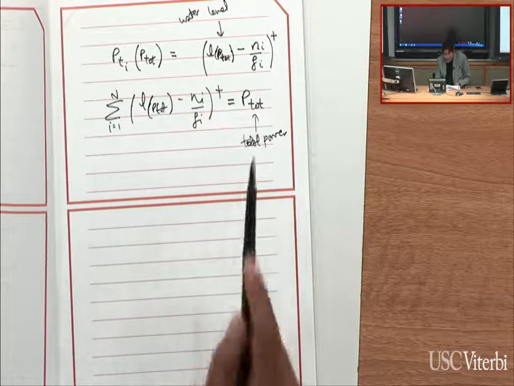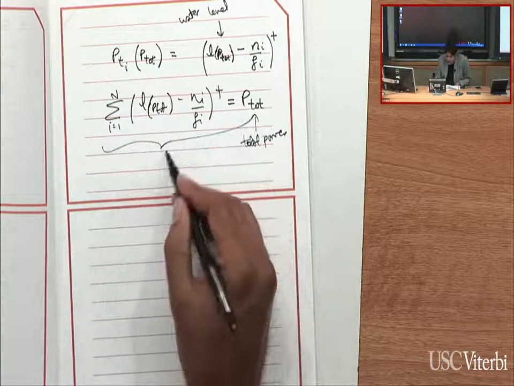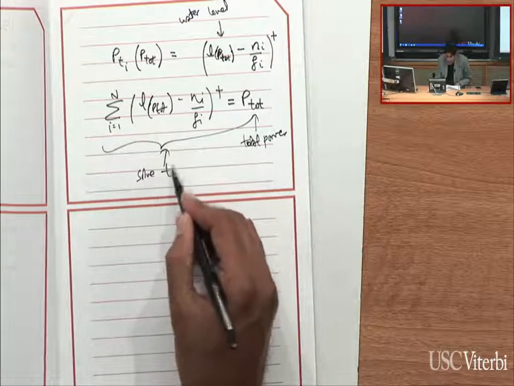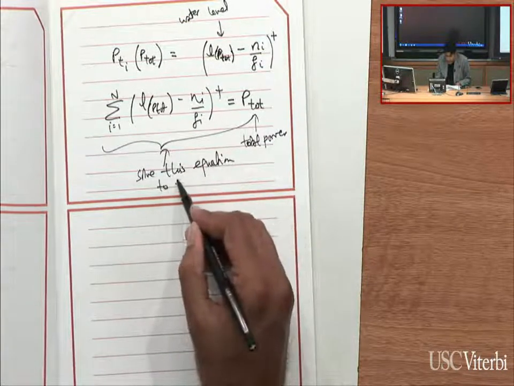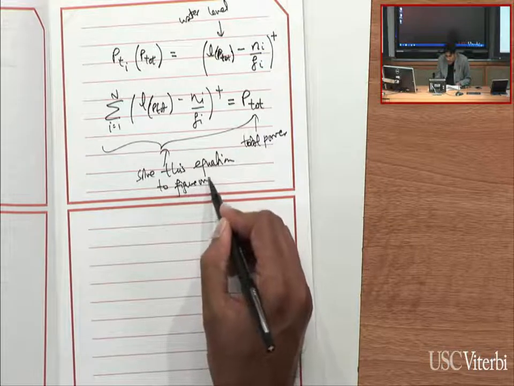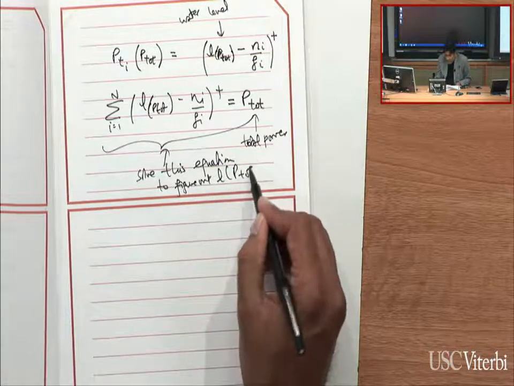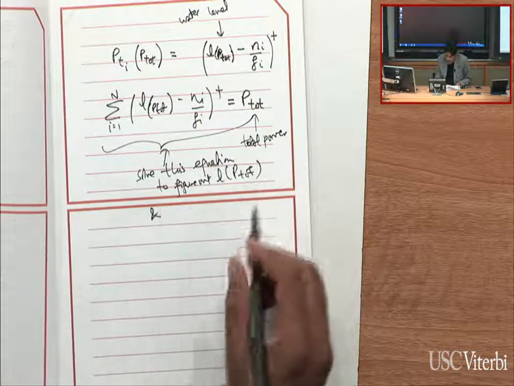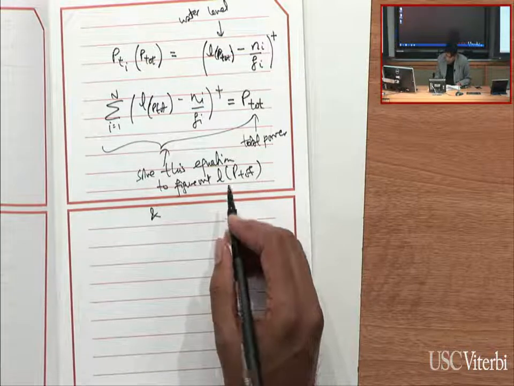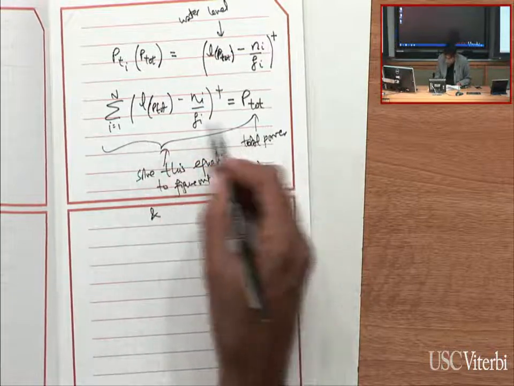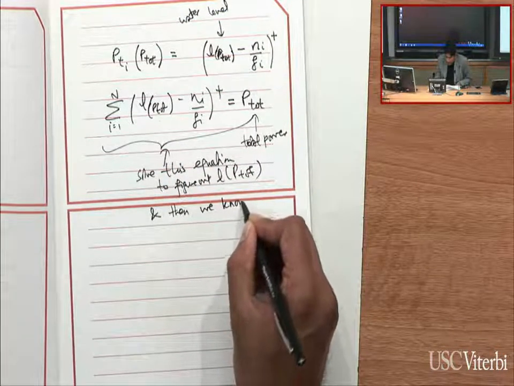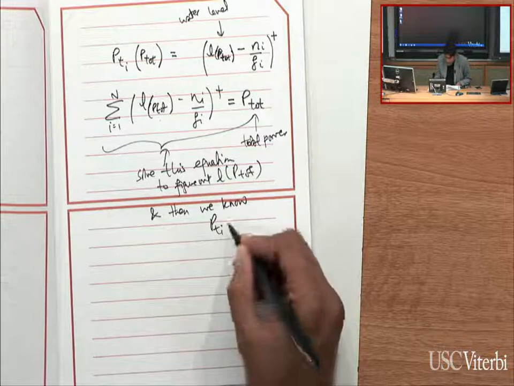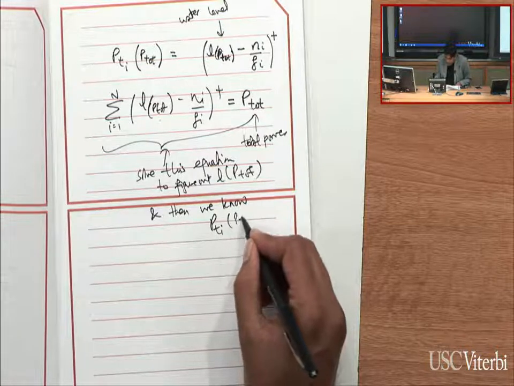And so solve this equation to figure out L of P total, and once you know from this what L of P total is, then we know P i for a given P total.